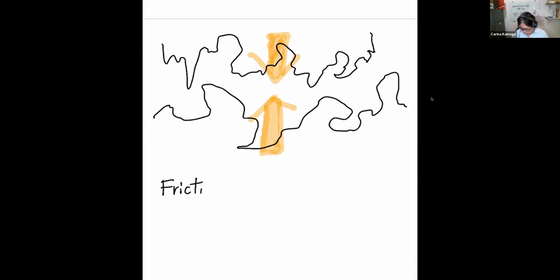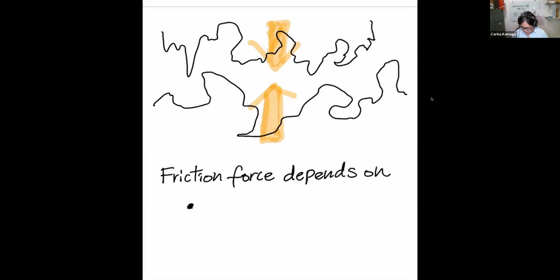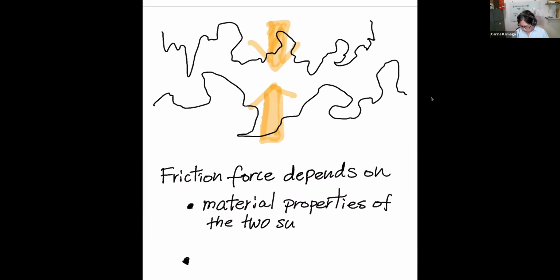So again, I'm going to review friction force. What does friction force depend on? Friction force depends on, one, the material property of the two surfaces in contact.